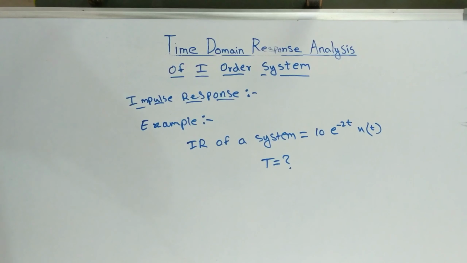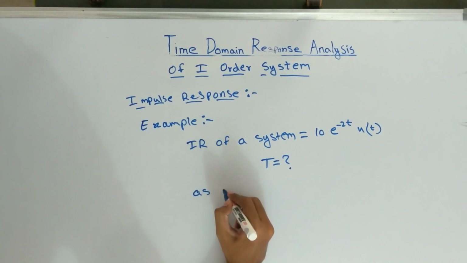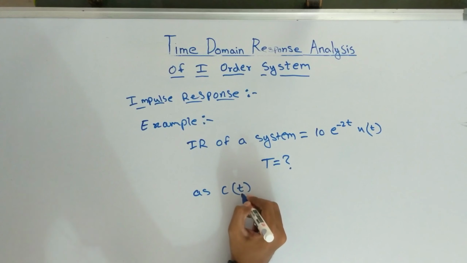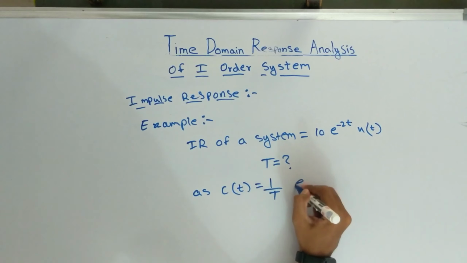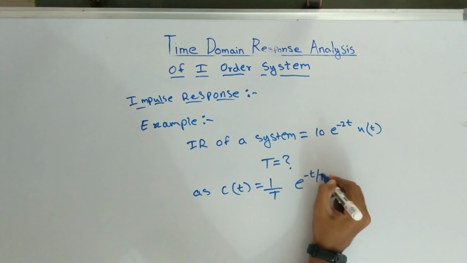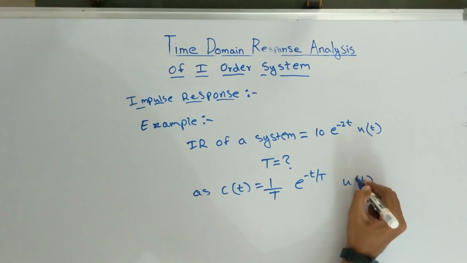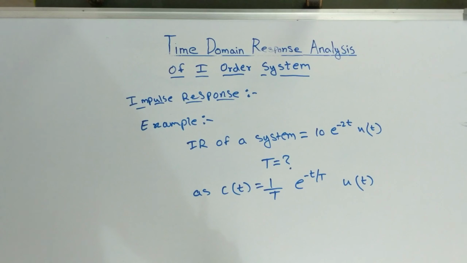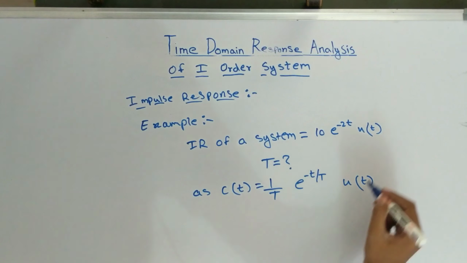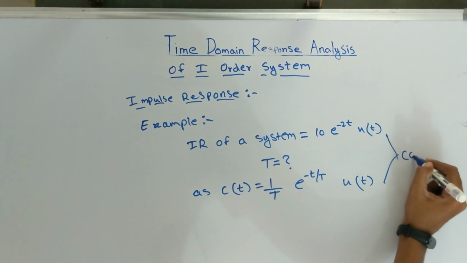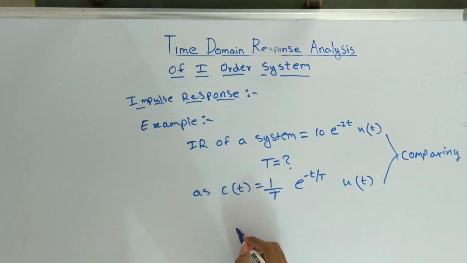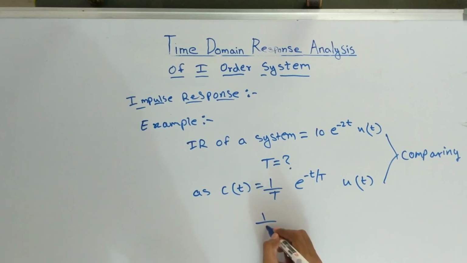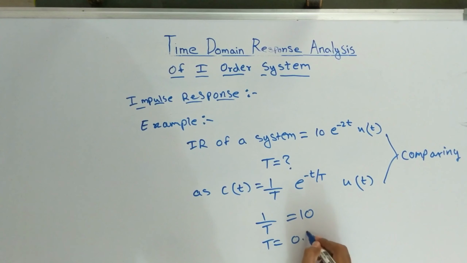What most people would do is compare with c(t) = (1/T) e^(-t/T) u(t). By comparing both, 1 upon T is nothing but 10, therefore T is equal to 1 upon 10.